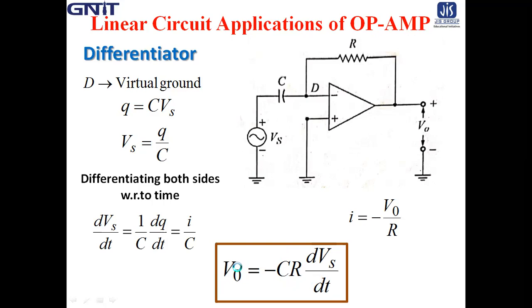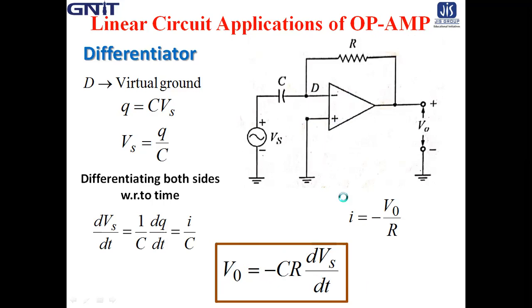Thus the output voltage is proportional to the time rate of change of input voltage. So that is the differentiator circuit. The output is proportional to dVs by dt, that means the rate of change of input voltage, and the minus sign comes because it is based on the inverting amplifier.